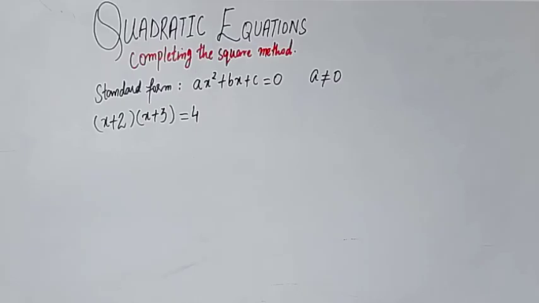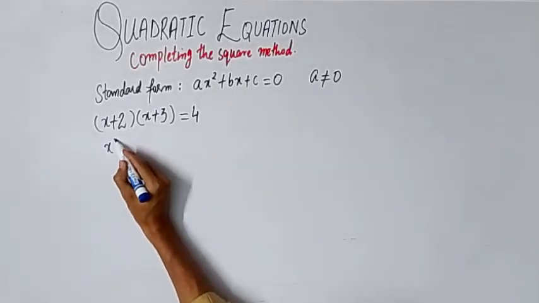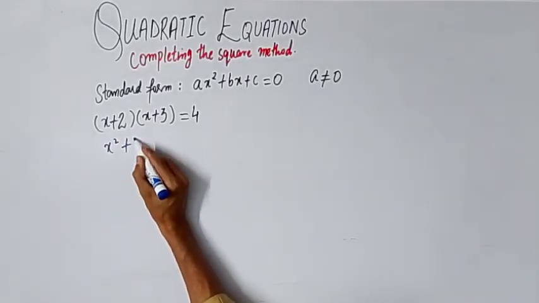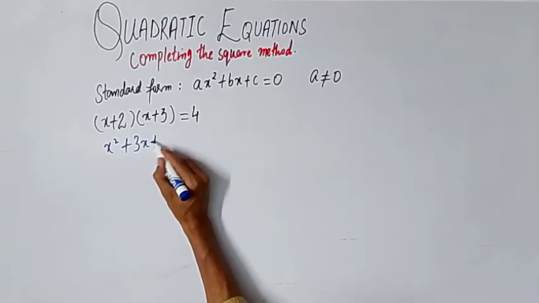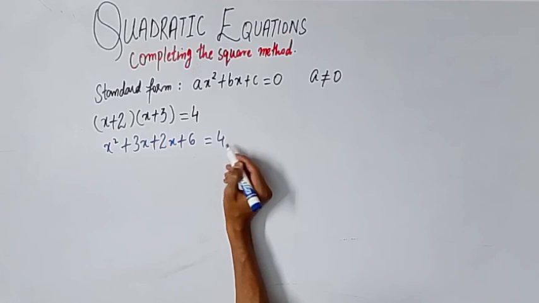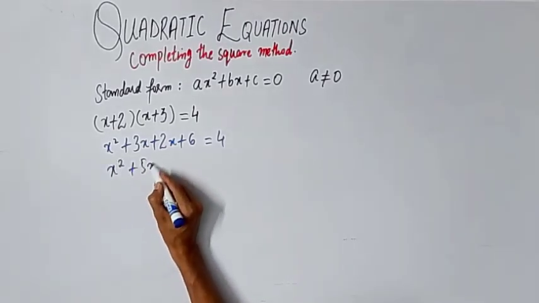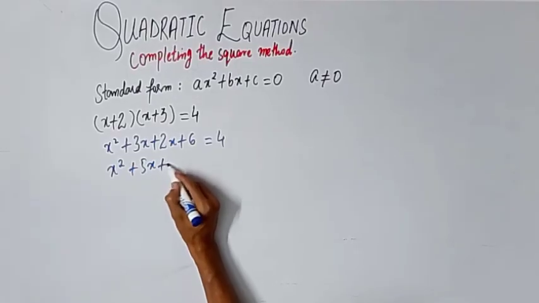The first step is opening the brackets. Multiply x with x, it will come x square. Multiply x with 3, it will become 3x, and then 2x, and then 6. It will become x square plus 5x plus 6.